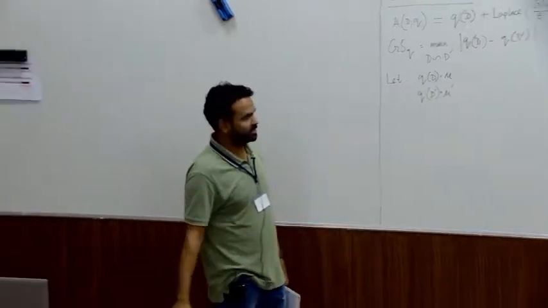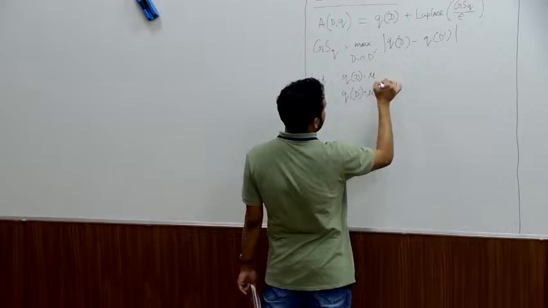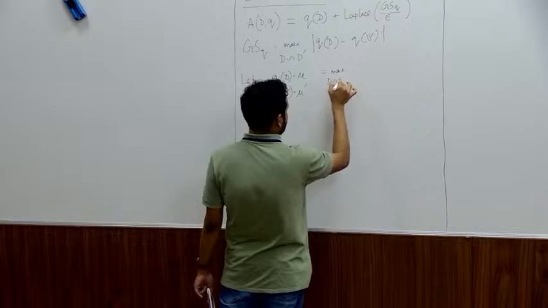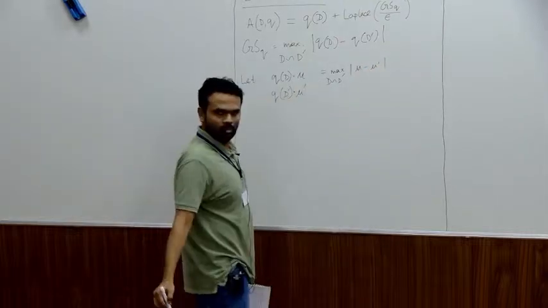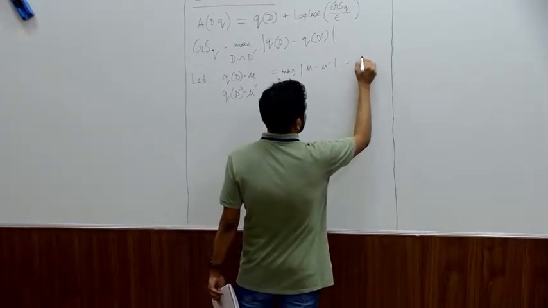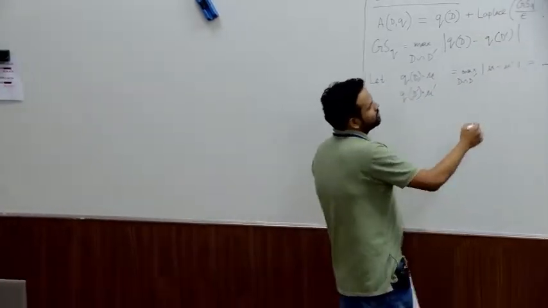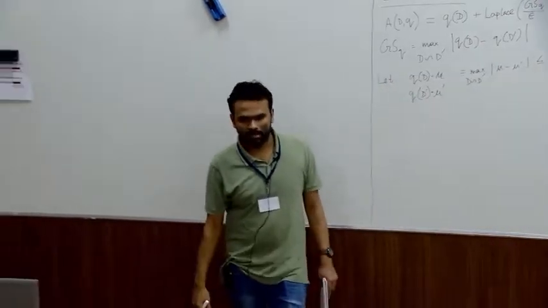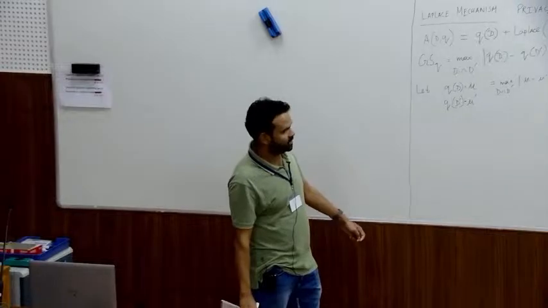Then global sensitivity is the maximum over all neighboring datasets D and D dash of the absolute value of mu minus mu dash, which I define as delta. For generality, I can say this maximum value is upper bounded by delta. So delta is basically an upper bound on the global sensitivity of a query Q.